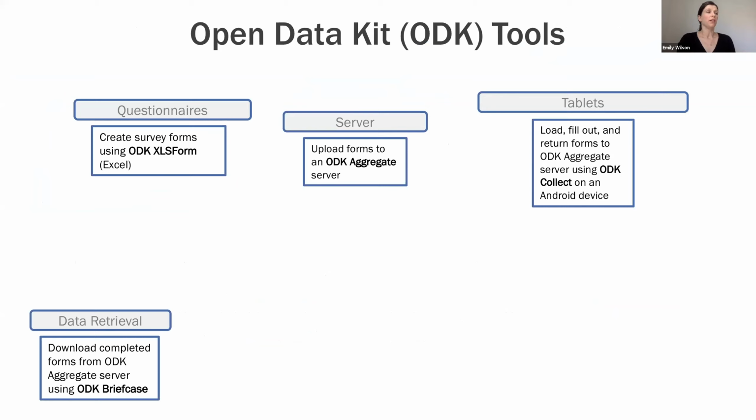Those tools are the questionnaires, which are the XLSForm, the server, which we think of as ODK Aggregate, the tablets, which run an app called ODK Collect, and a data retrieval process that uses ODK Briefcase. So you could use just one of these tools. You could use them in concert, and they are built to go together.